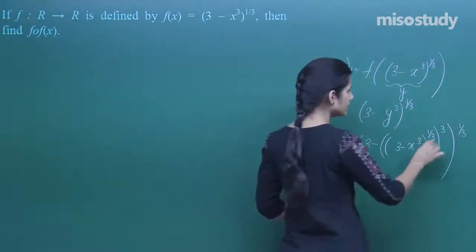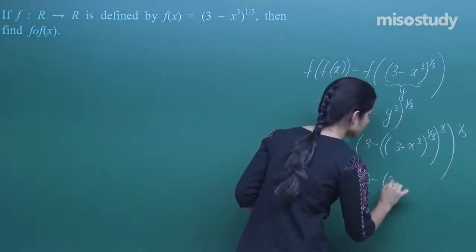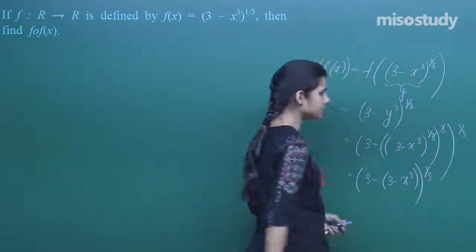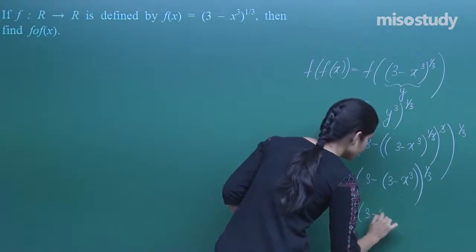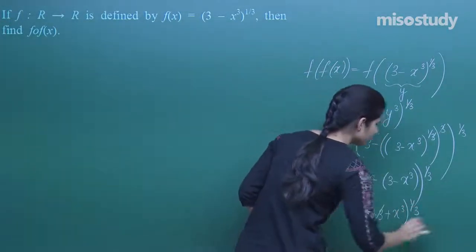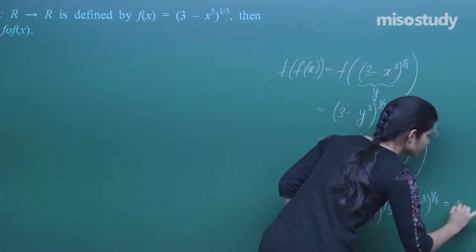Carefully, very carefully. You can see these 3s getting cancelled. You are left with 3 minus x cube whole to the power 1 by 3. This eventually comes out to be 3 minus 3 plus x cube whole to the power 1 by 3. 3 minus 3 cancels out, x cube to the power 1 by 3 which is x.